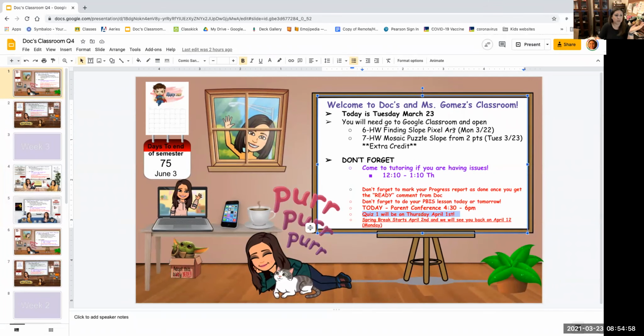Even if you did the pixel art, maybe it's a good idea to still stay and listen to Ms. Gomez as she's giving out the instructions, just because you might not have noticed something that she's going to talk about. And you can be working on the next activity as you're going along with everything else. So it's no big deal to do it that way.